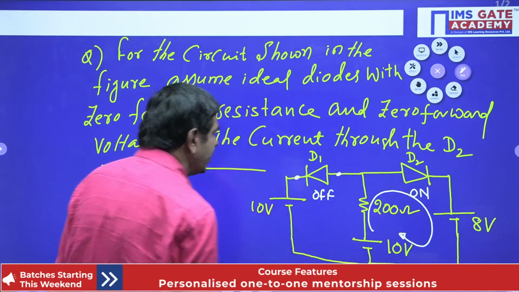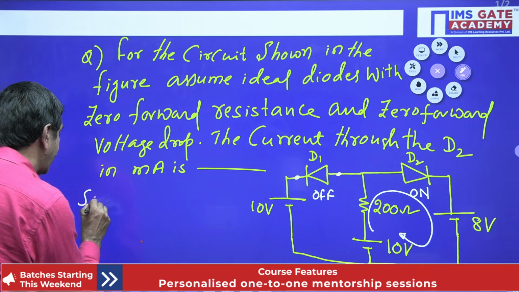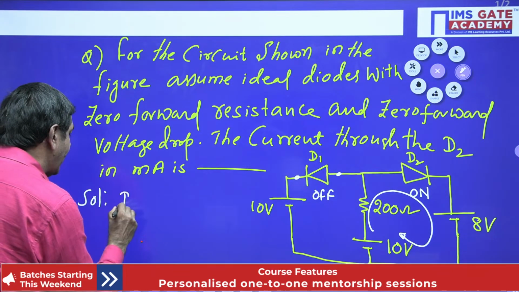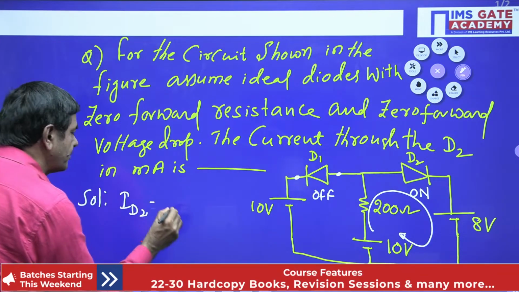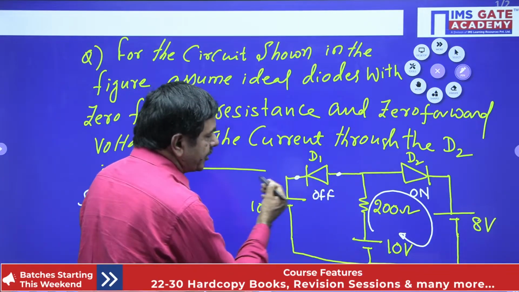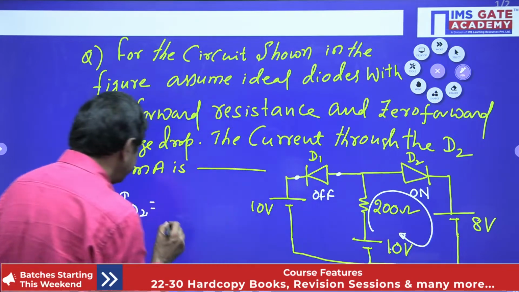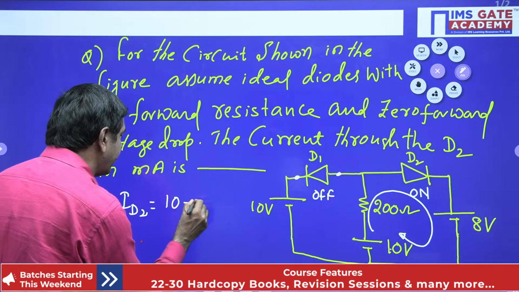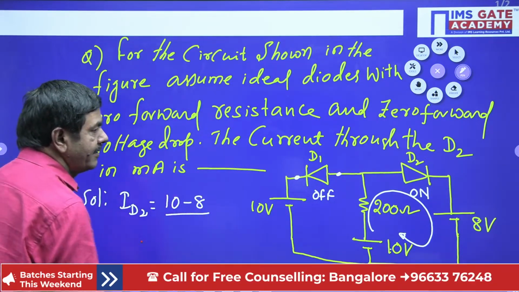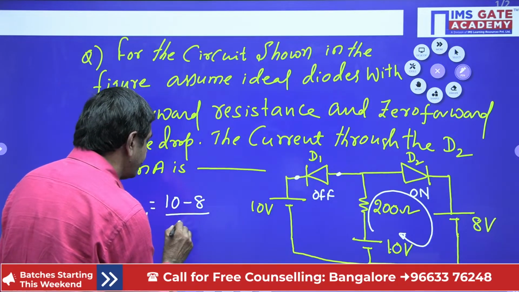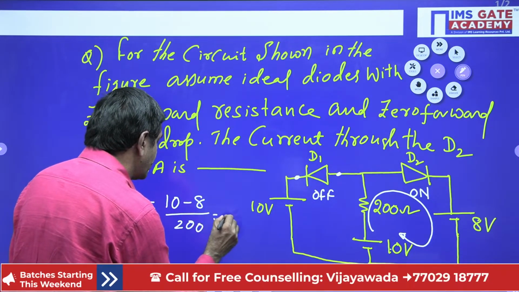So the current through the diode D2, I want to denote as ID2. This is an open circuit, not working. You can apply Ohm's law: 10 minus 8 divided by the resistance of 200, so 2 by 200.